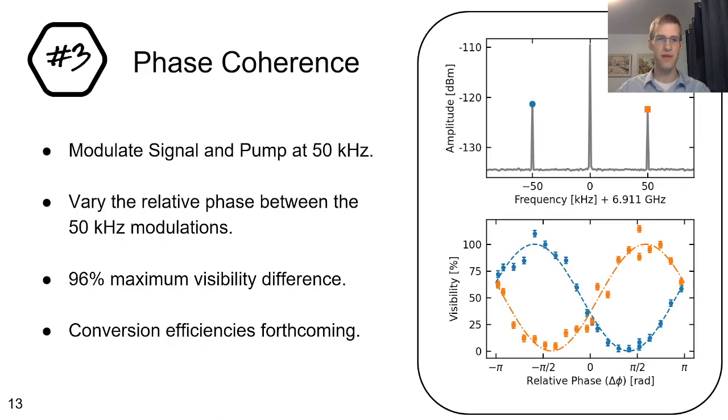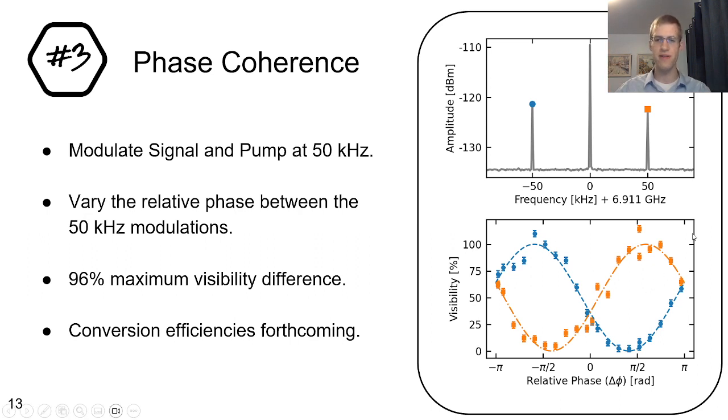In our third experiment, we're going to modulate both the signal and the pump at the same frequency. In this case, we're going to choose 50 kilohertz. In this case, the sidebands will overlap exactly with each other. And if we vary the relative phase between the modulations, we see that we can extinguish one of the sidebands or the other.